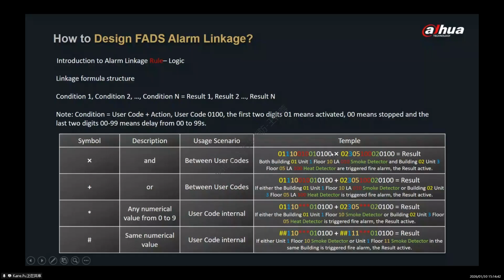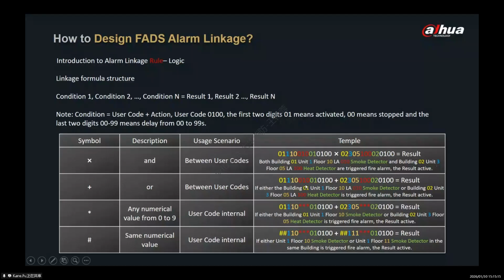It is the default for a condition. And similarly, building 2, 02, unit 3, 54, LA 100, and heat detector 02 device type, activation. The result is to trigger the fire alarm, like that. And the second demo is OR, logic OR, which is similar.